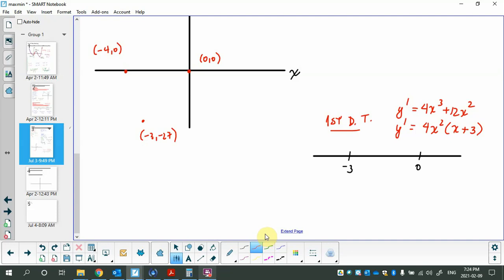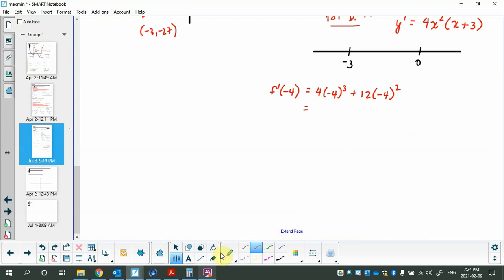So, in the previous example, what I did was I stuffed it back into the original first derivative. So, for me, that's f prime at -4. That means 4 times -4 cubed plus 12 times -4 squared. And if you're at a school that doesn't let you use a calculator, that's pretty tough stuff.